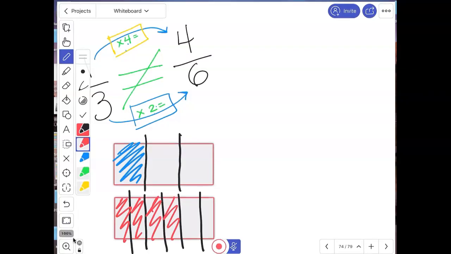No, they're the same whole, but they're certainly not the same amount shaded. So they cannot be equivalent.